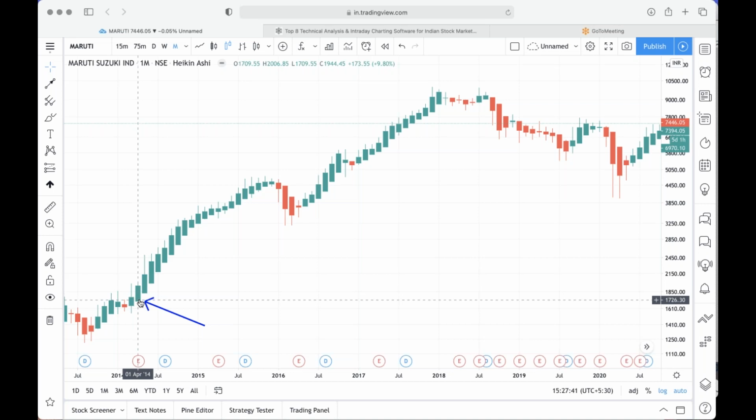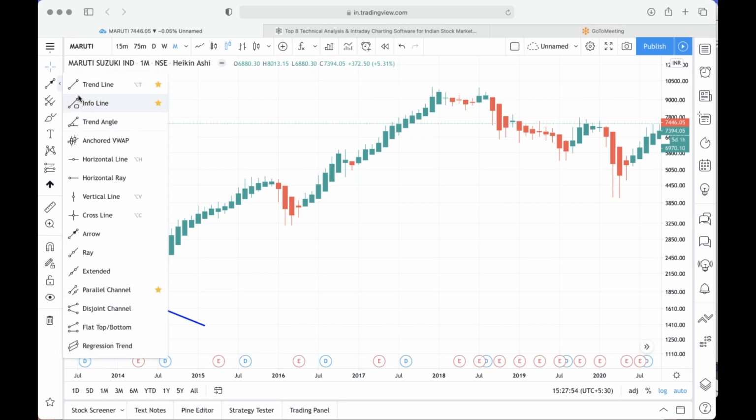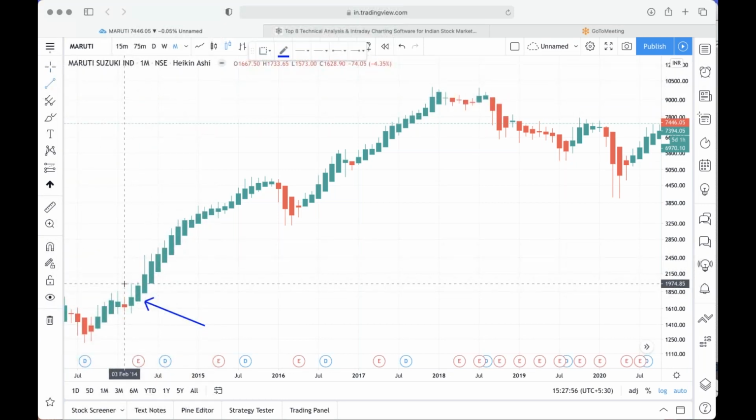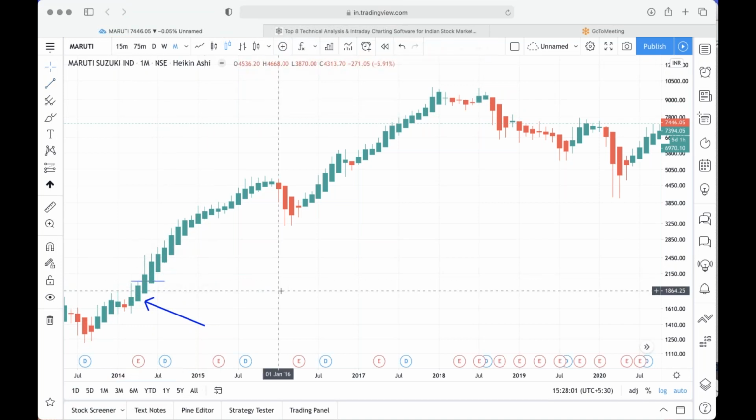I will conclude that this is a sign of bullishness. If this is a sign of bullishness, and if prices continue to go up, shouldn't I buy? Of course, I should buy. So I decide to enter into a long trade, a buy trade, above the high of this Heiken Ashi. Once this high is breached, I will enter.